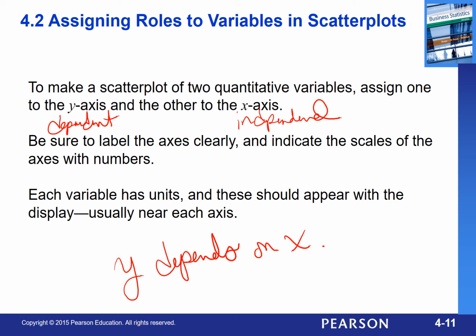Particularly, the Y we usually call the dependent, and the X we usually call the independent. And we'd say things like, oh, Y depends on X. And we want to label these clearly with scale and numbers, with units and everything like that, because we want to make a good graph. But we also want to be clear about which variable goes where.